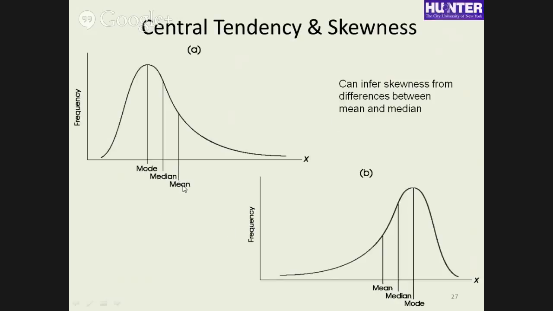If you have a long tail to the right, those high values are going to pull your mean to the right, and your mean will be larger than the median or the mode. So in the case of housing costs or salaries, the mean is going to be higher than the median.